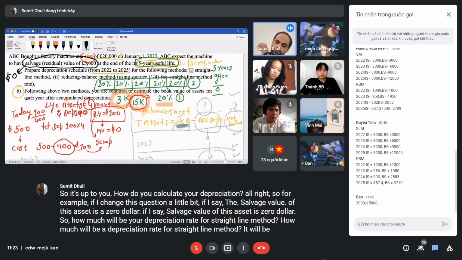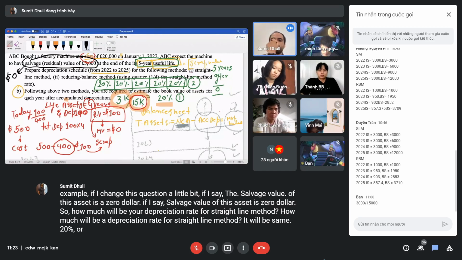It will be the same 20% or it will be different? Tell me.